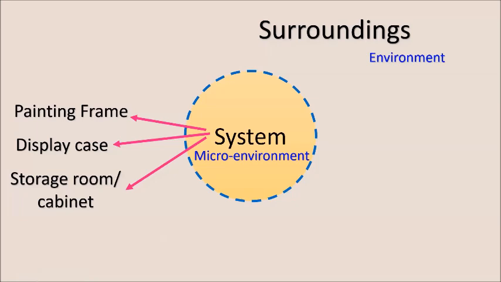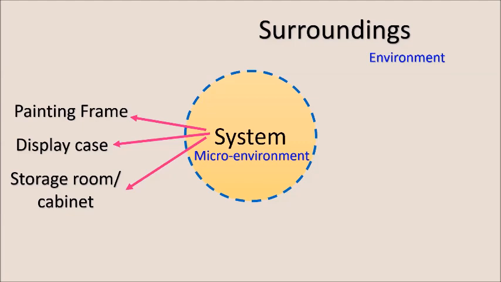If you remember, we talked about system and surroundings. And even if you don't know about that, I'll just explain it here. Whenever we are talking about the exchange of energy or matter, we talk about a system and all the things around it in the universe.